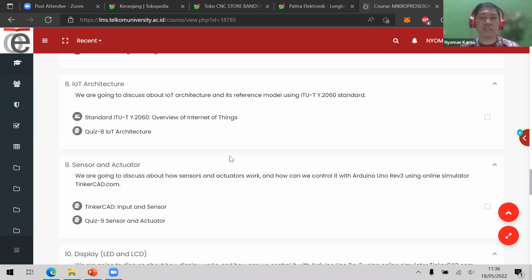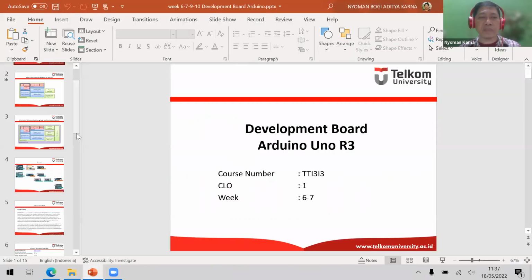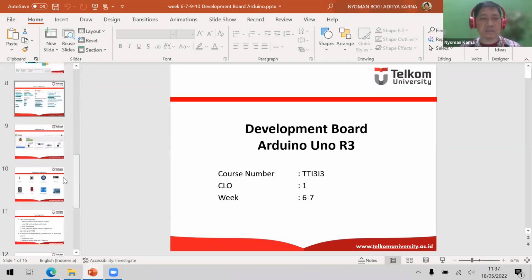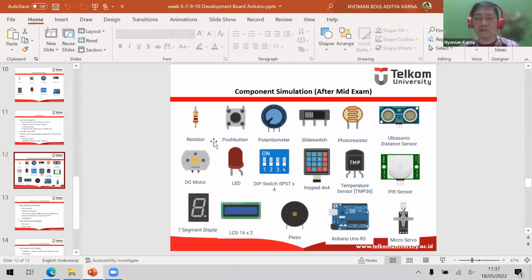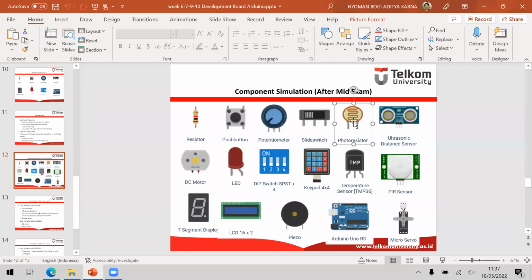So today we're going to discuss how to use sensors and also actuators using Tinkercad. For the guidance, we're going to discuss specific sensors, including the photoresistor. This is the sensor that represents a value based on how bright the room is.